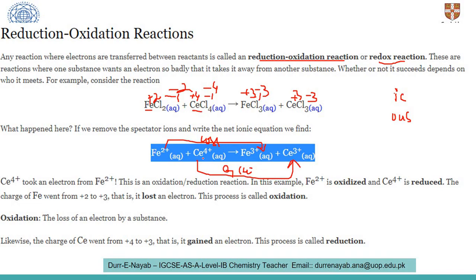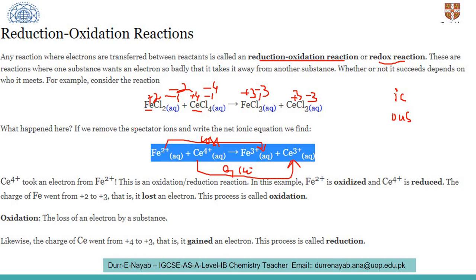So this cerium is now enriched by an electron, as it has stolen, snatched the electron from the iron, due to which loss of electron is now, you can see in the iron, from +2 to +3.